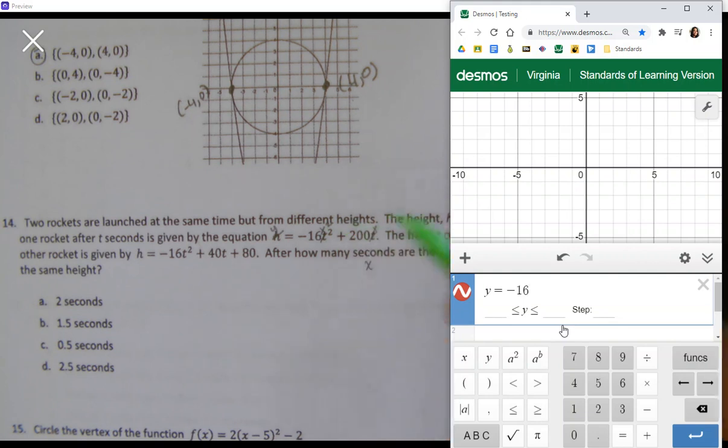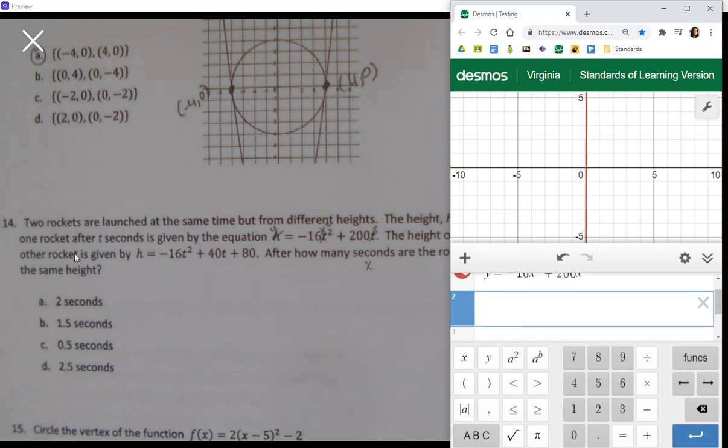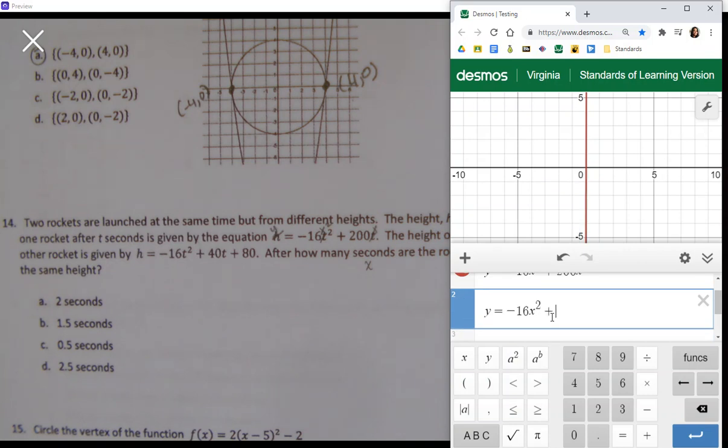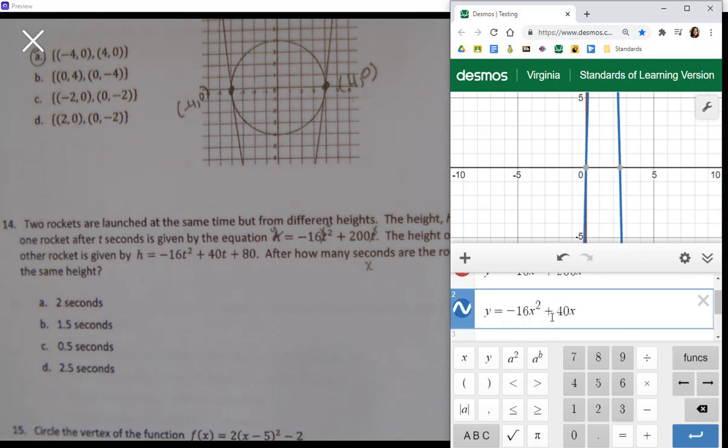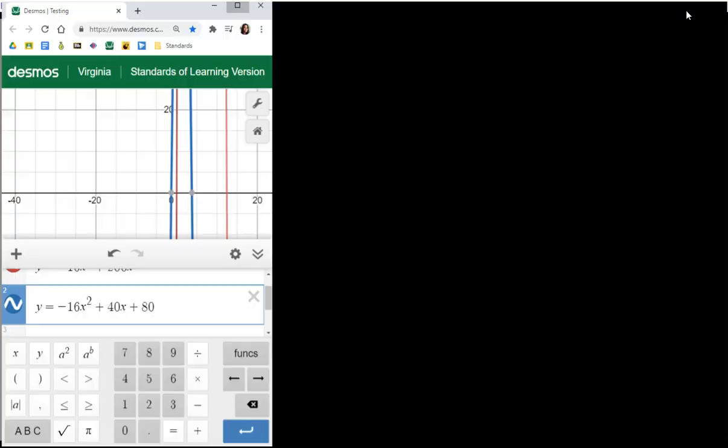So you have negative 16x squared plus 200x. Okay, and then the next line, I'm going to graph this one, y equals negative 16x squared plus 40x plus 80.